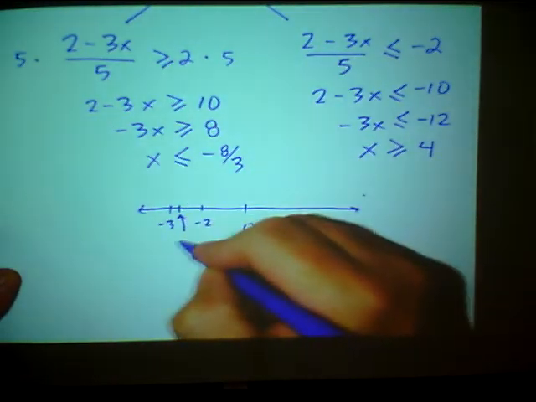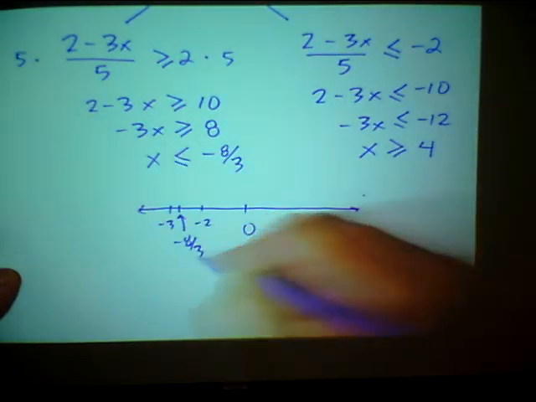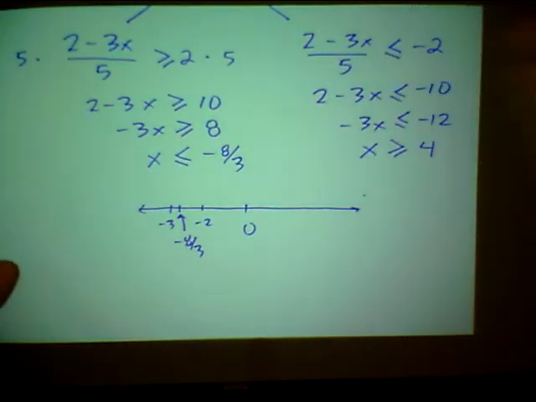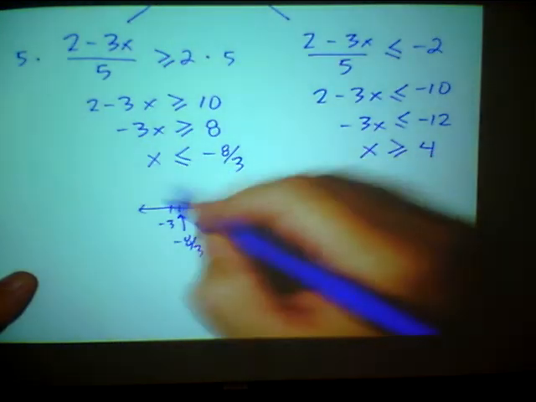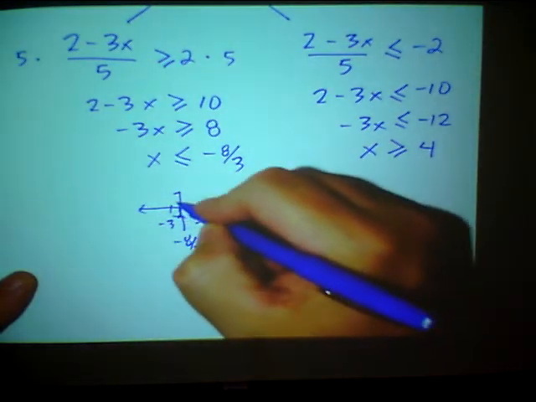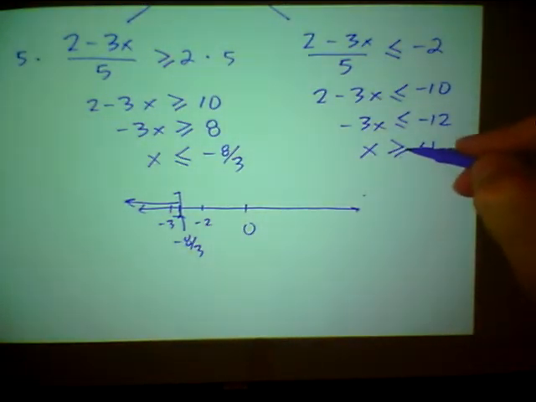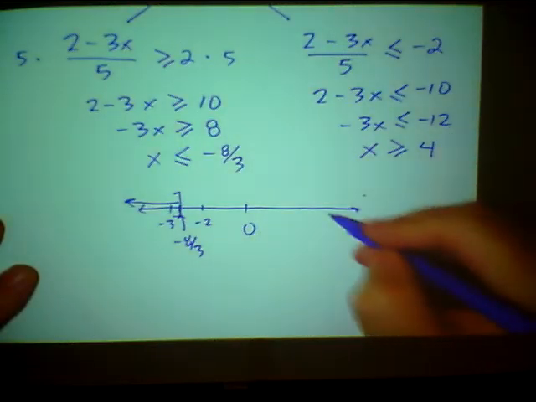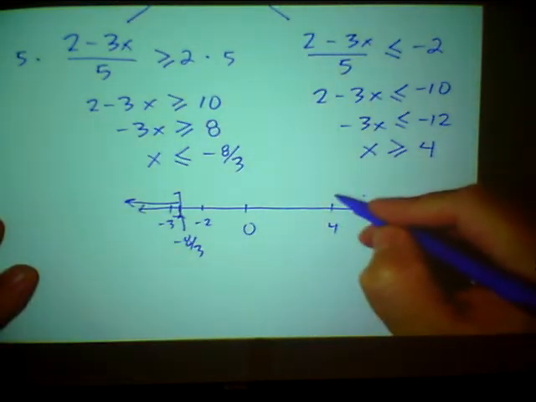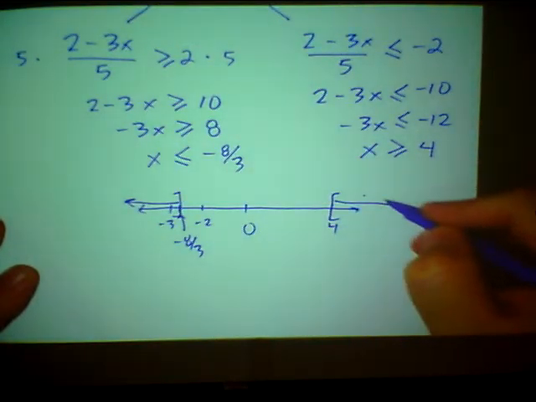So that right there is approximately negative 8/3. So I'm saying x less than or equal to negative 8/3. So I'm going to do a bracket and then go off to the left. And over here I have x greater than or equal to 4. So here's 4, a bracket, and go off to the right.